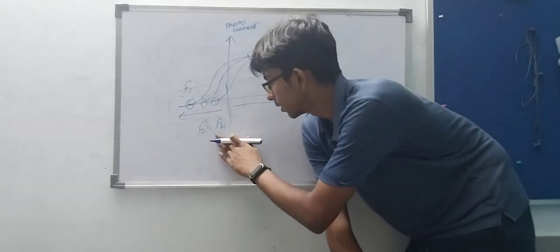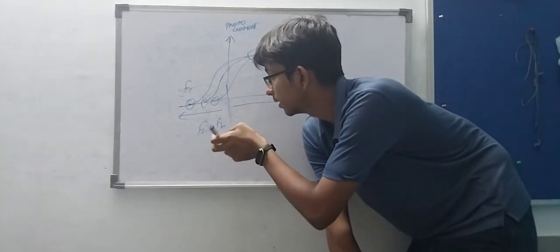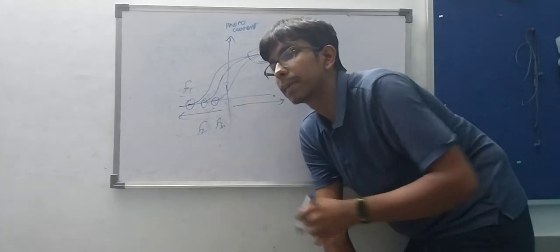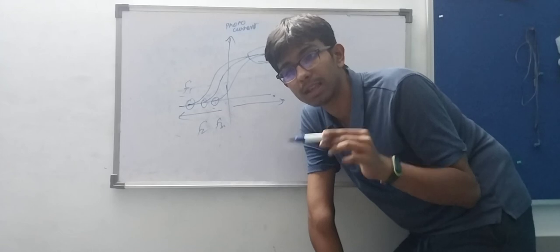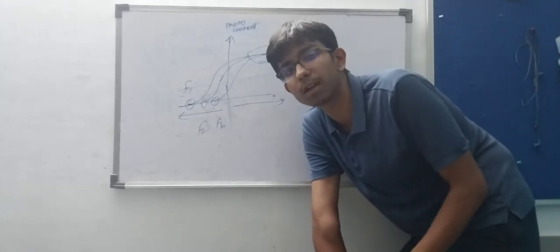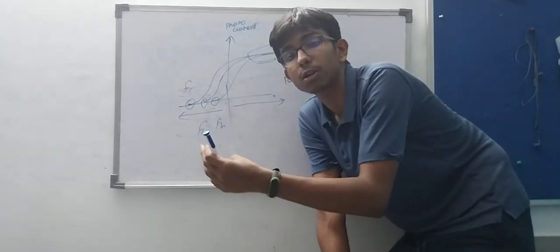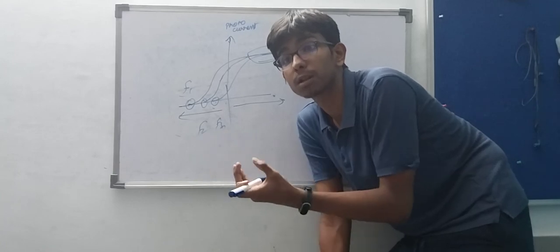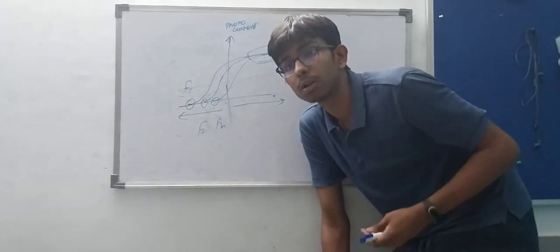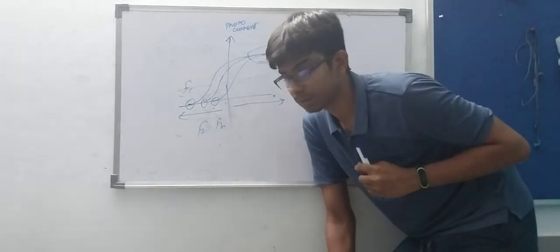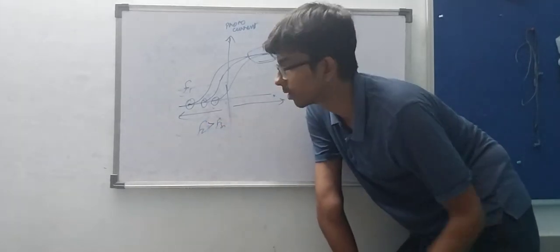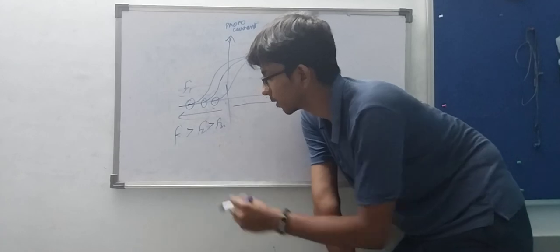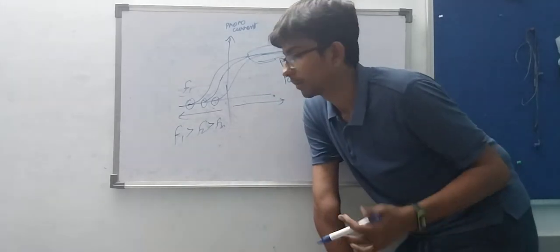So we can see over here, F3 has the least stopping potential. So that means lesser stopping potential is required to stop an electron. So that means the maximum possible kinetic energy of that electron will be lesser compared to others. So then F3 is lesser than F2 and then it's lesser than F1. That makes it pretty obvious.